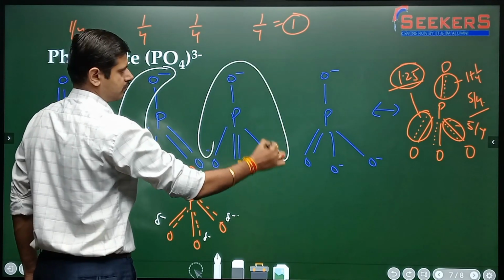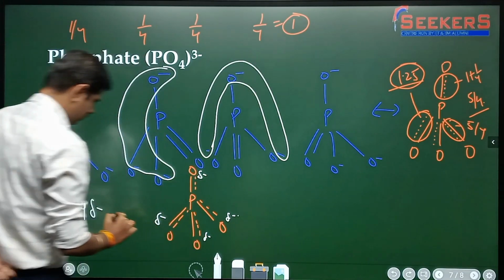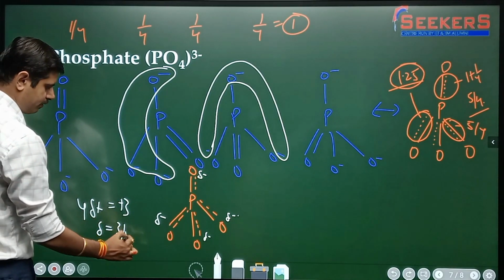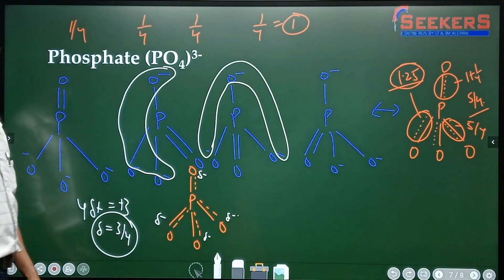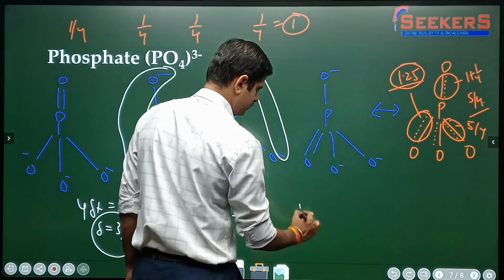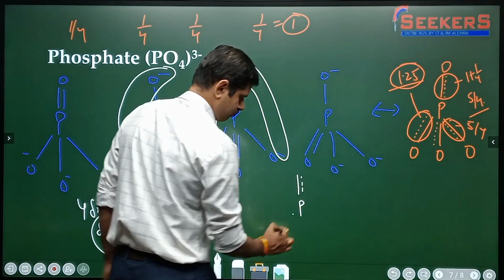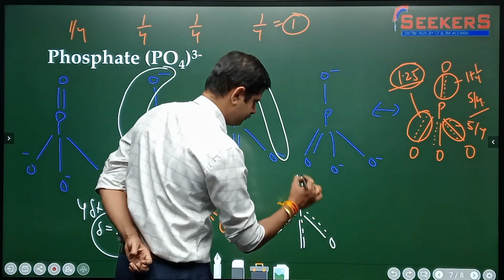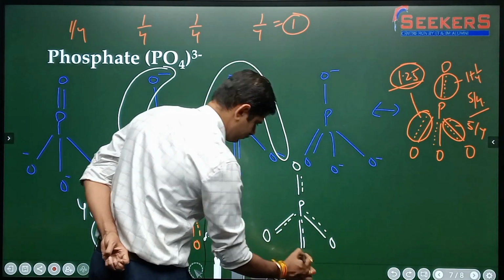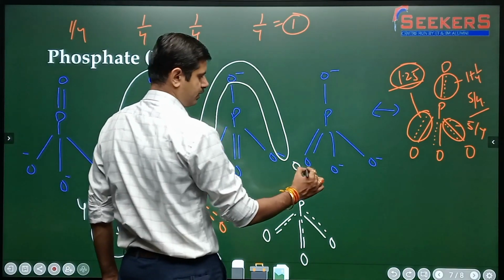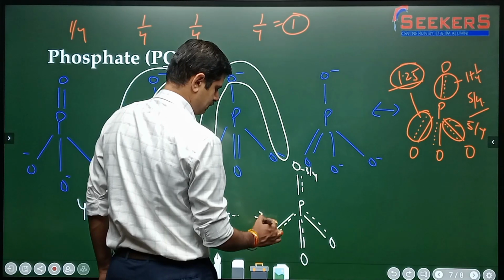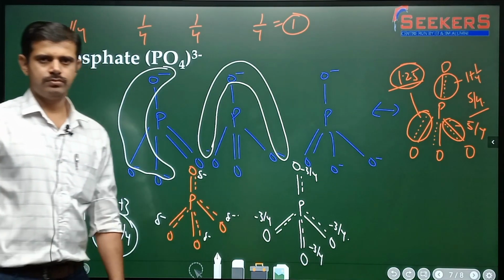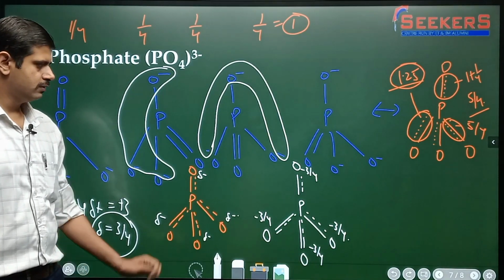So 4 del negative is equal to minus 3. It is 3/4. So my structure will be phosphorus with minus 3/4, minus 3/4, minus 3/4, minus 3/4. Clear? This will be the structure.